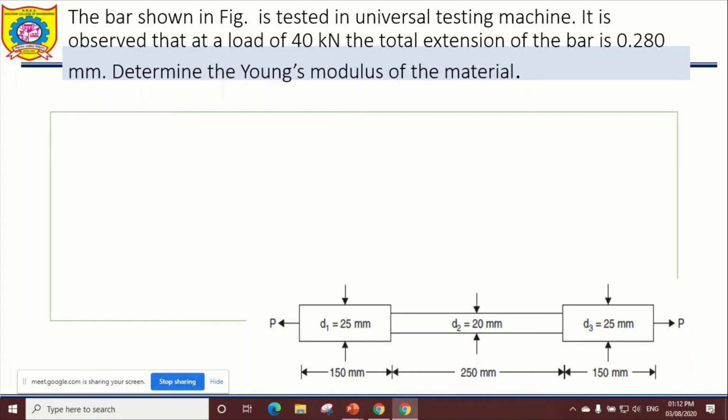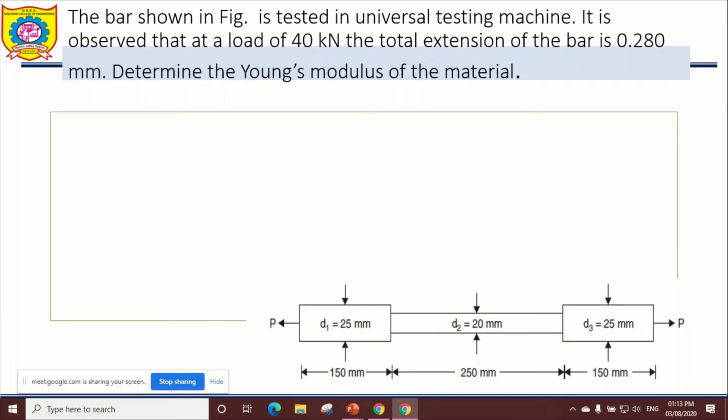We know the formula: delta L is equal to delta L1 plus delta L2 plus delta L3, that is P1 L1 upon A1 E1 plus P2 L2 upon A2 E2 plus P3 L3 upon A3 E3. Here the value of E1, E2 and E3 is same. From that we have to find out the Young's modulus.